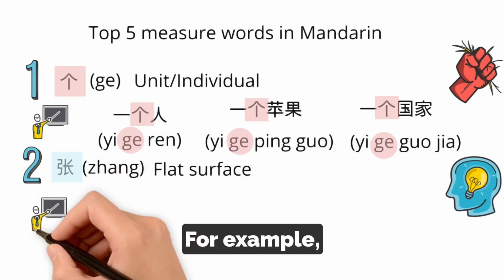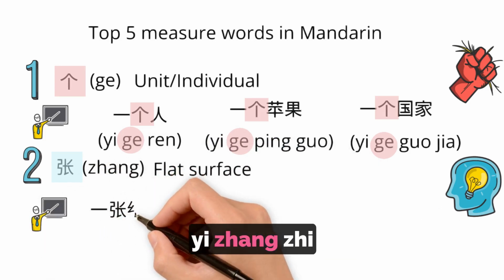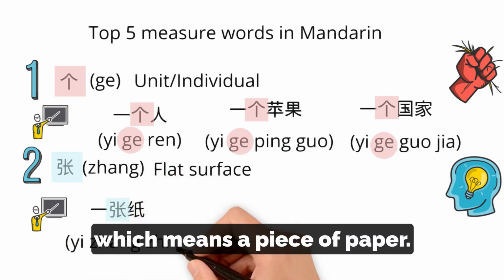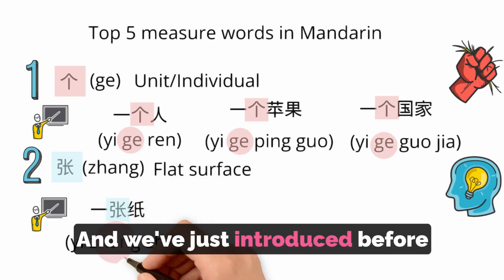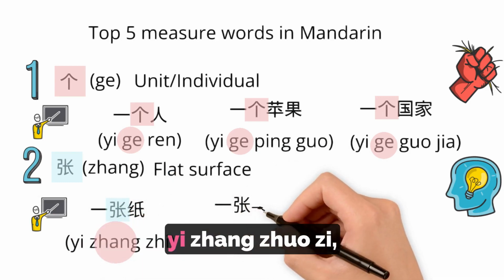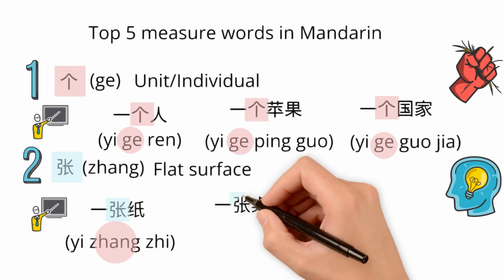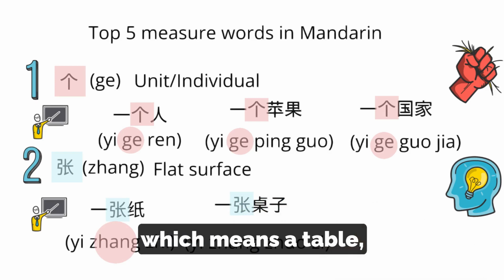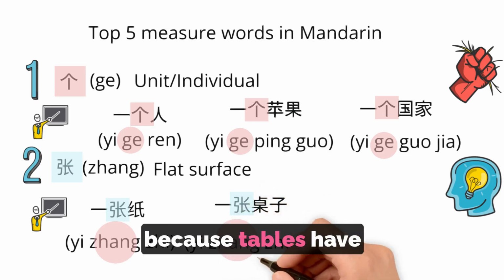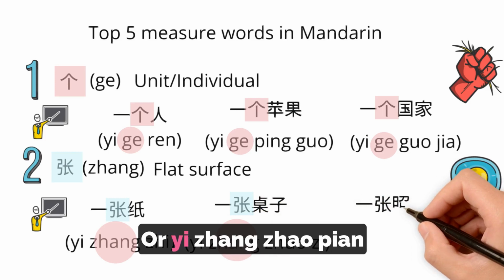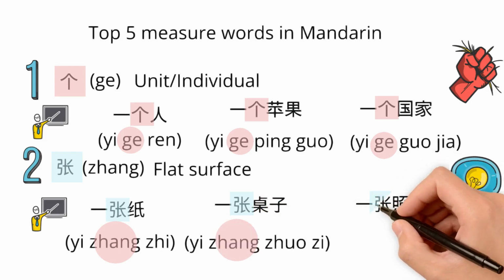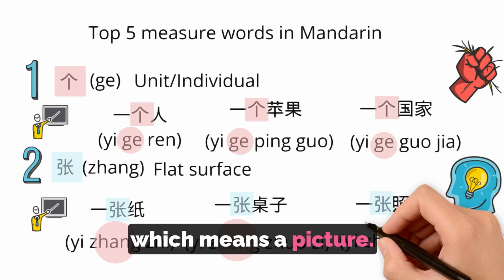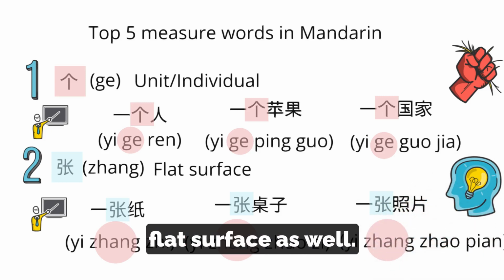For example, 一张纸, which means a piece of paper, and we've just introduced it before. 一张桌子, which means a table, because tables have a flat surface. Or 一张照片, which means a picture, as pictures all have a flat surface as well.